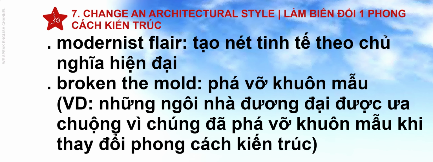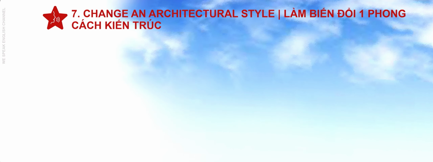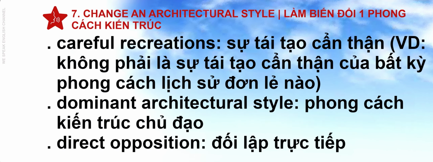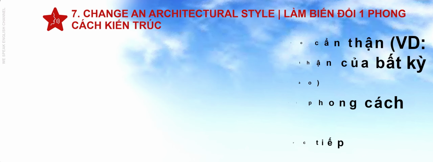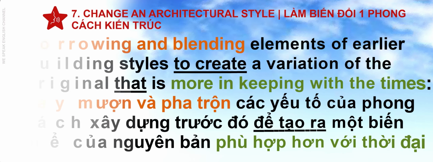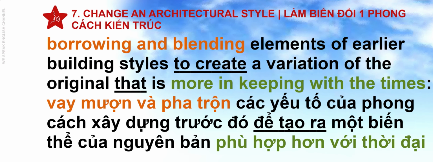Broken the mold. Careful recreations. Dominant architectural style. Direct opposition. Borrowing and blending elements of earlier building styles to create a variation of the original that is more in keeping with the times.